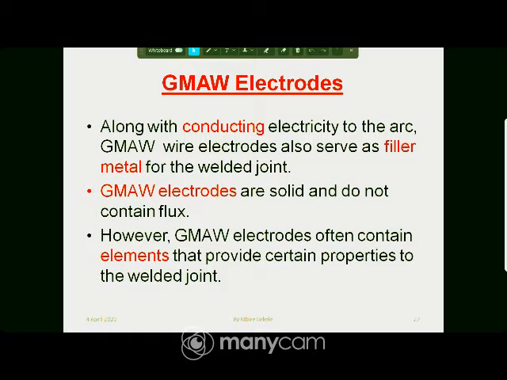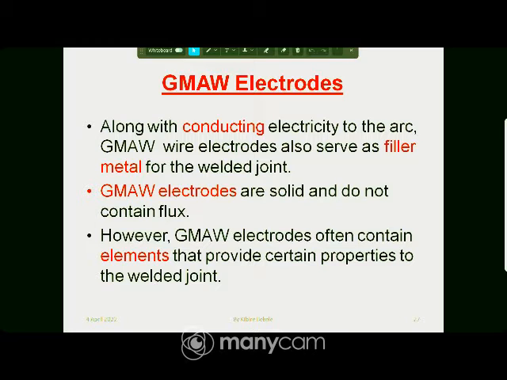Along with conducting electricity to the arc, gas metal arc welding wire electrodes also serve as the filler metal for the welding joints. It is used to create the arc, to create the heat for melting the base metal, and also it is used as the filler material.